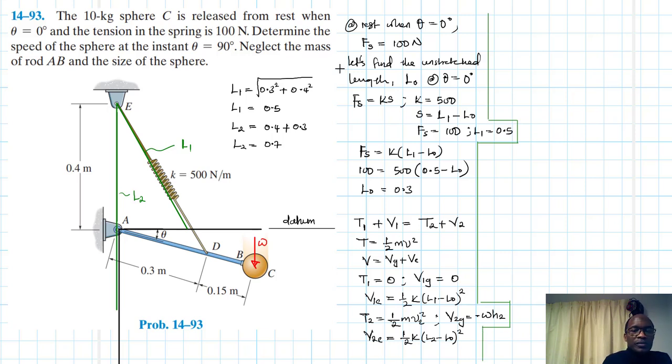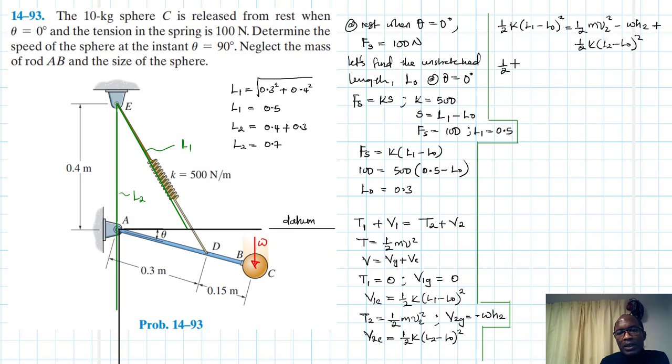I'll only include the non-zero terms. So I have half k times L1 minus L0 squared, equals half m v2 squared, minus W h2, plus half k times L2 minus L0 squared.